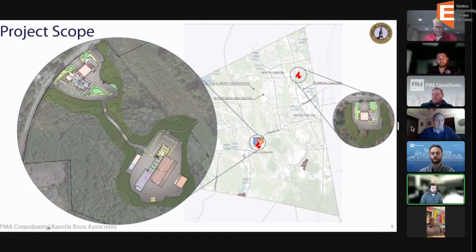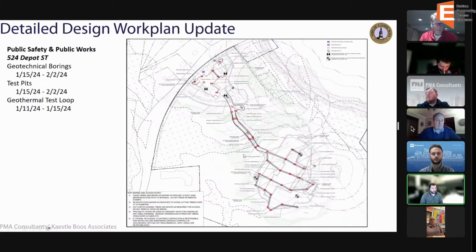Just jump to the next slide, Walter, and let's look at the first step, which we've done some of before, but now we're getting much more in depth with the on-site exploration. What you see here is Depot Street, the large site, and for the most part, borings, test pits, and one geothermal test loop. So three different things are happening here.